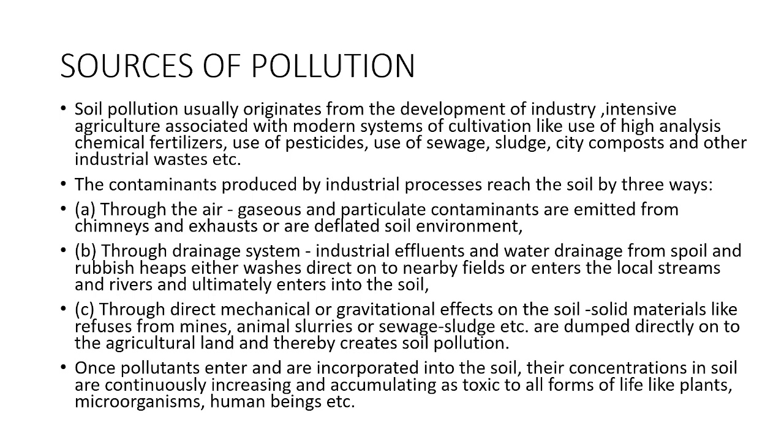The contaminants produced by industrial processes reach the soil in three ways. The first one is through the air. Gaseous and particulate contaminants are emitted from chimneys and exhausts and are deposited on the soil environment.